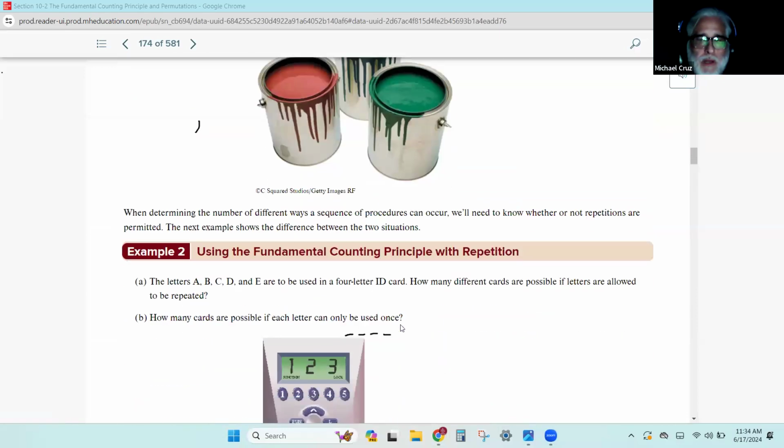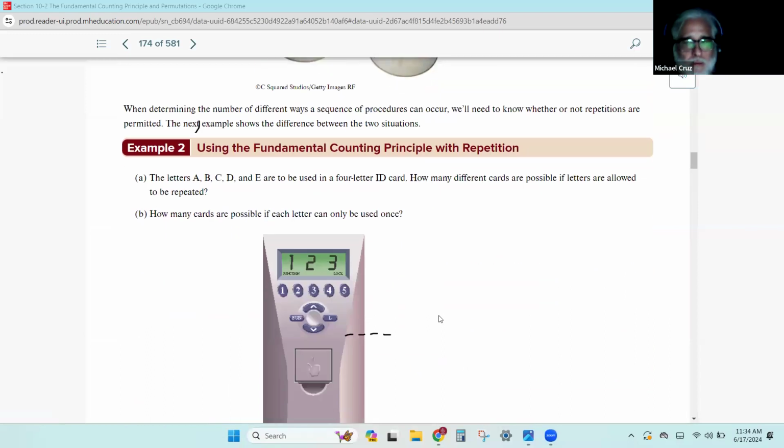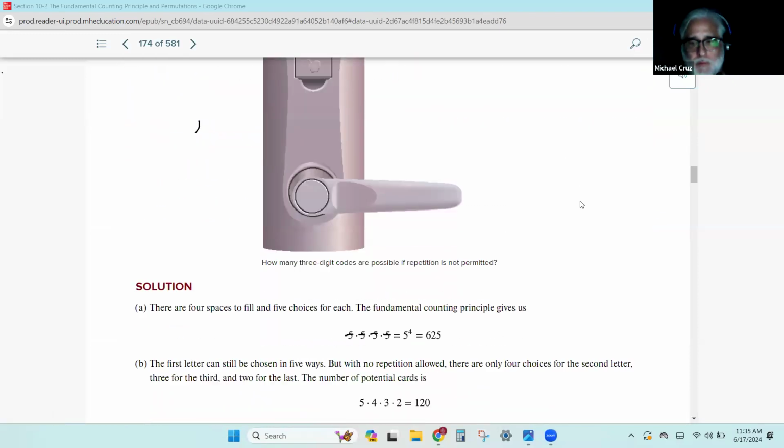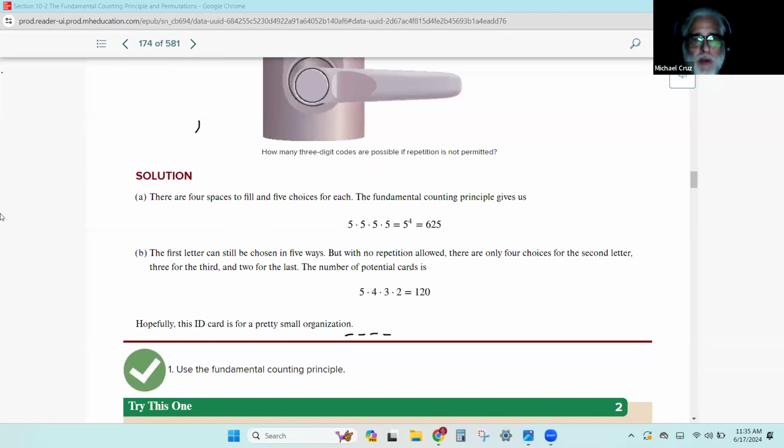So when we repeat, we don't have to subtract out. But when we don't repeat, we subtract 1 out. So this is repeating, and this is no repetition. Repetition allowed, no subtraction.